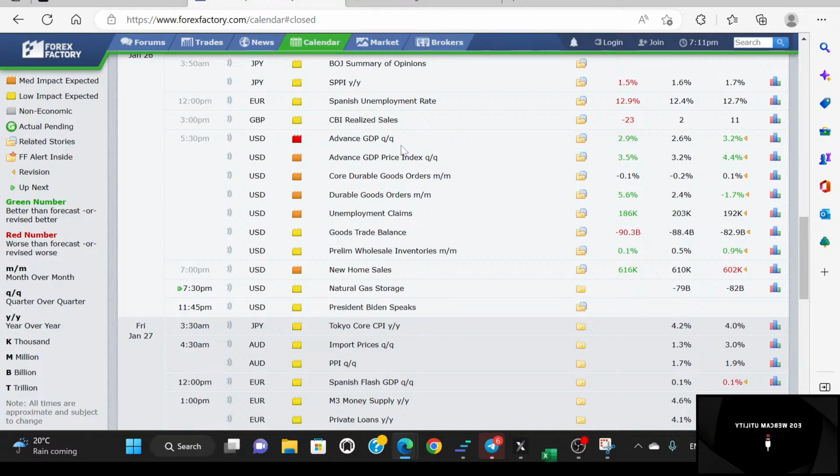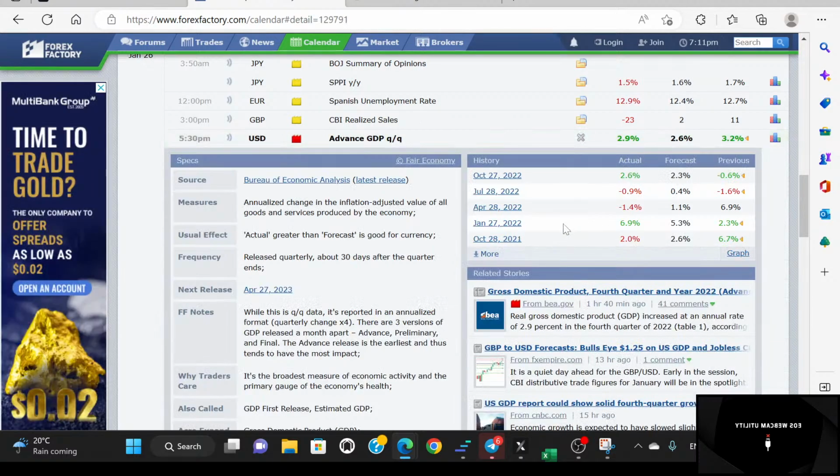So we were expecting to see a negative data here. That means this green 2.9 was supposed to be red and below this number, because the Federal Reserve Bank has been working on this for a long time. In the past 2 quarters, we have had negative GDP.